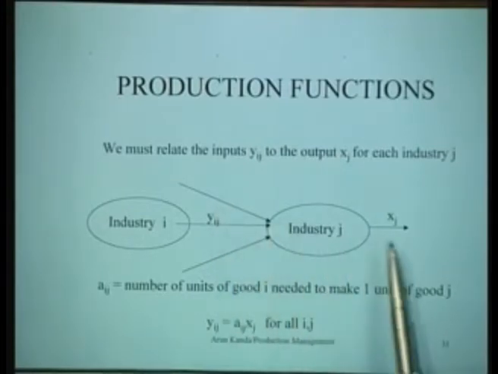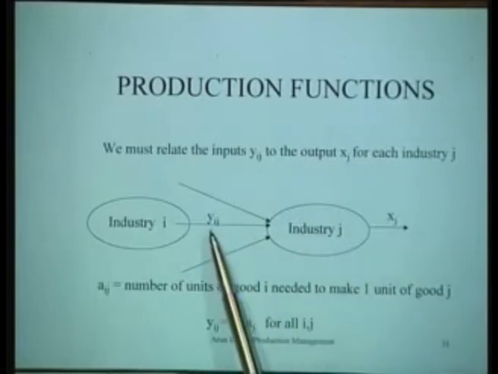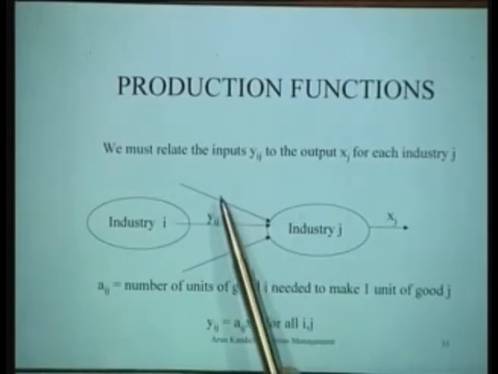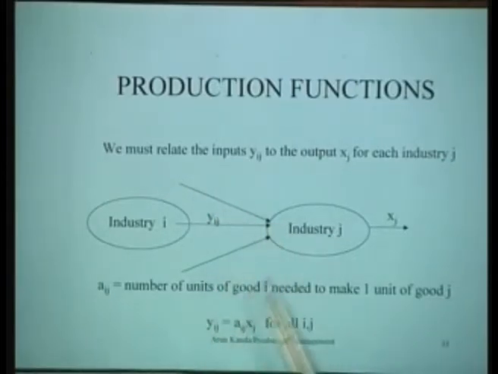If I make a 2 kg cake, what would you need? You would require 2 into 750, that is 1.5 kg maida, 2 pinches of baking powder and various other things. It is exactly in that same spirit that we are relating the inputs to the outputs here.